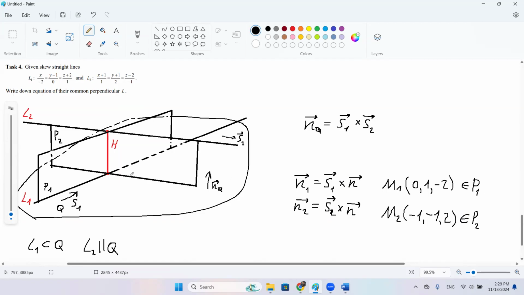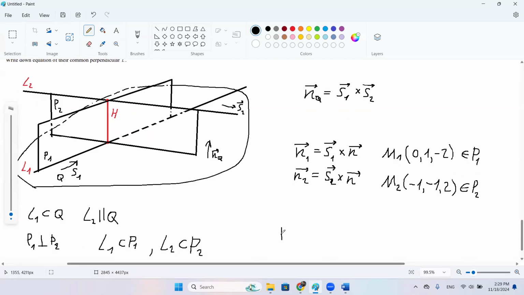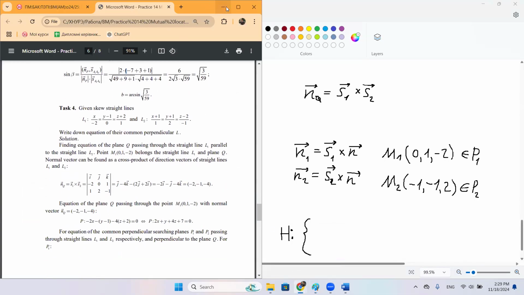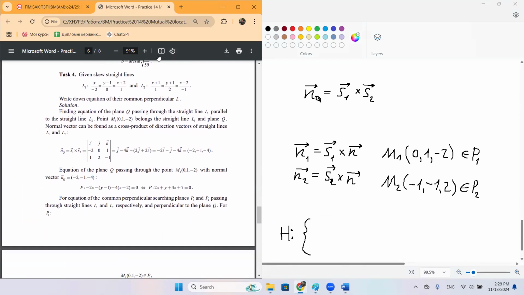And why do we need to write down the equations of P1 and P2? Because we will receive a general form of the equation of the straight line. Okay, I won't write it down here, but let's just have a look in this file.